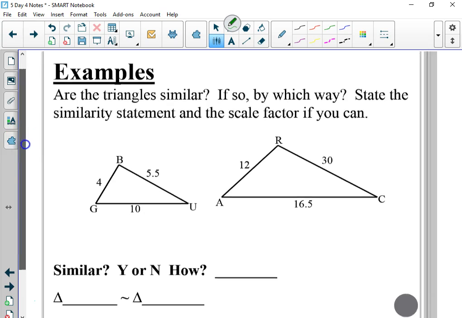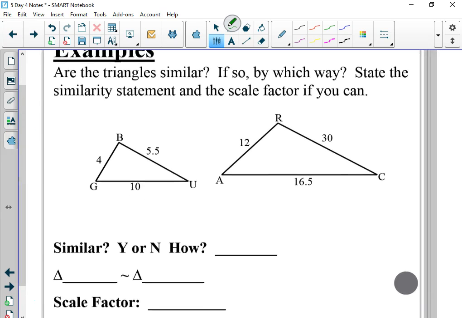Okay, are they similar? If so, which way? Well, we do not have any angles. So what we need to do is see if we can prove proportionality of all three sides. So let's find an easy one. 4 and 12. What's the scale factor left to right? Well, it's going to be times 3.